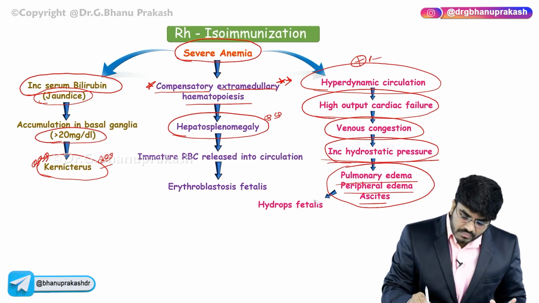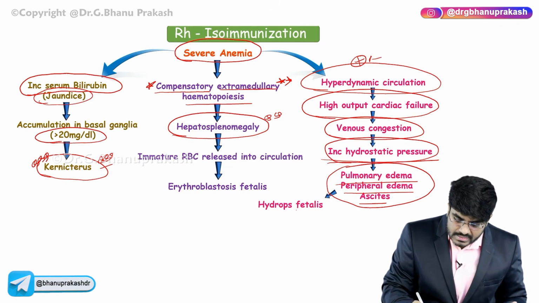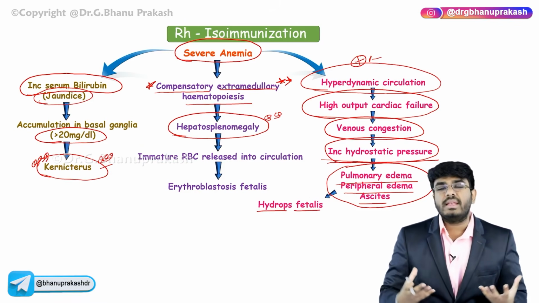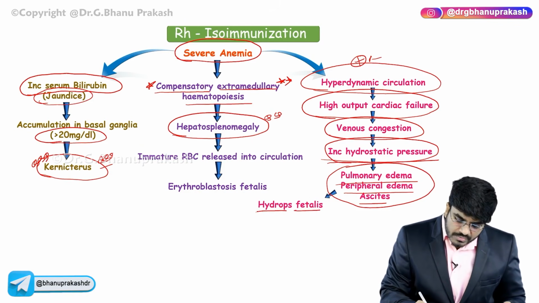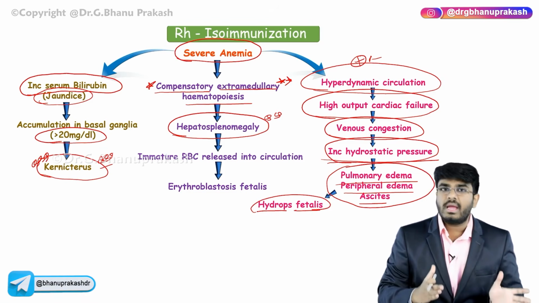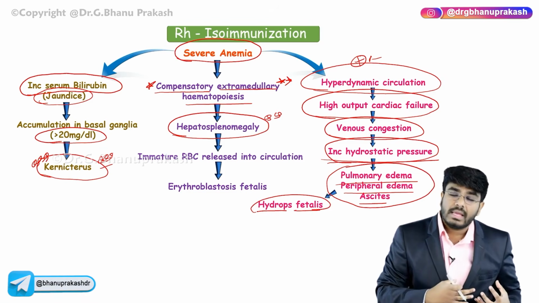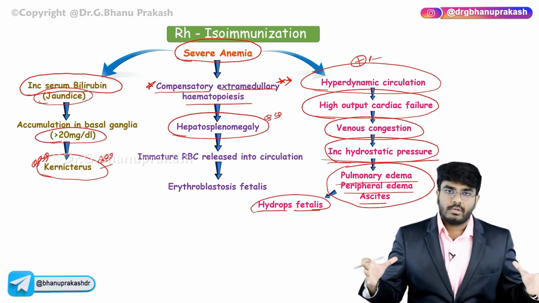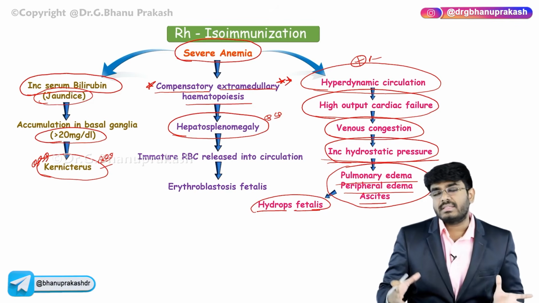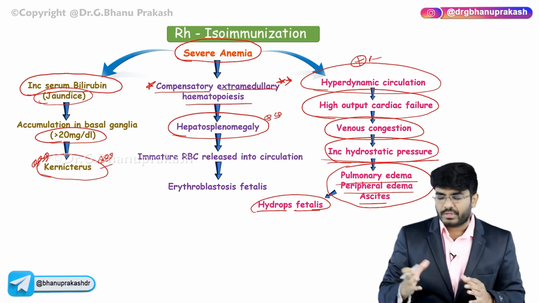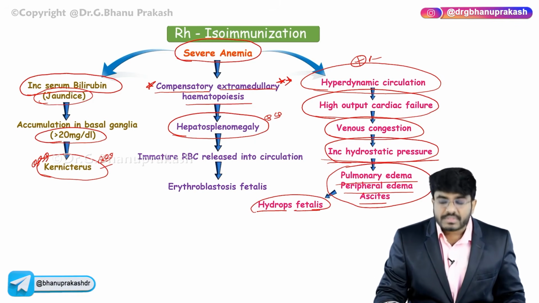Hydrops fetalis means the fetus is developing water accumulation, swelling of the baby. Why? Because of severe anemia, hyperdynamic circulation, the heart will fail. Whenever the heart is failing, blood will accumulate and get stagnant, that increases the hydrostatic pressure, and blood is getting accumulated in the organs and in the third space. So, that is hydrops fetalis.